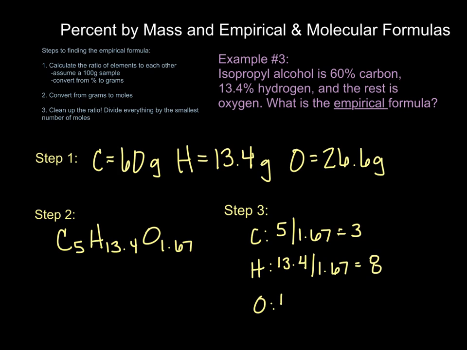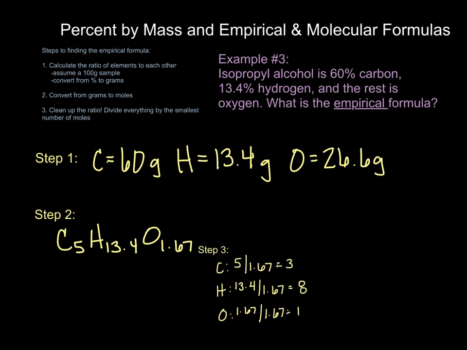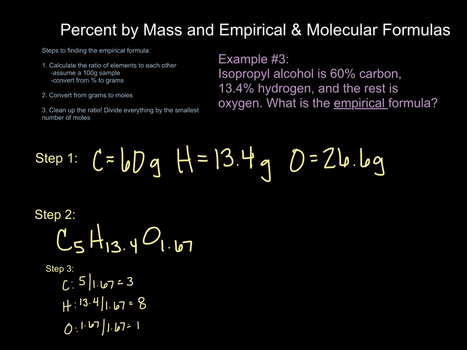And then for oxygen, 1.67 divided by 1.67, which is 1. So my empirical formula actually is C3H8O for isopropyl alcohol.